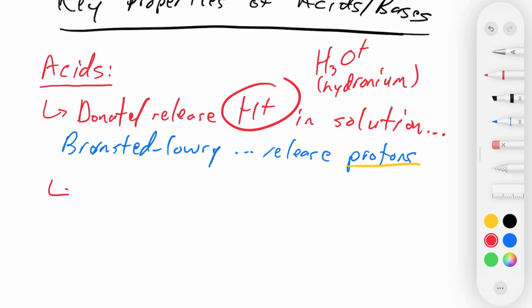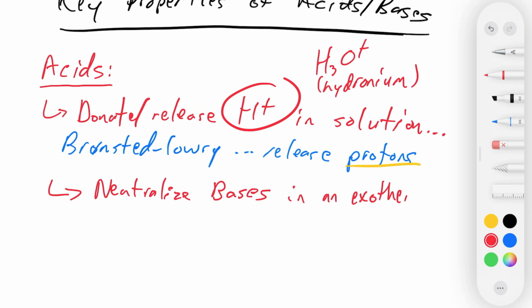The other thing that acids tend to do is they tend to neutralize bases, which means that they're able to react quite vigorously. And actually, we're going to see that in an exothermic reaction.